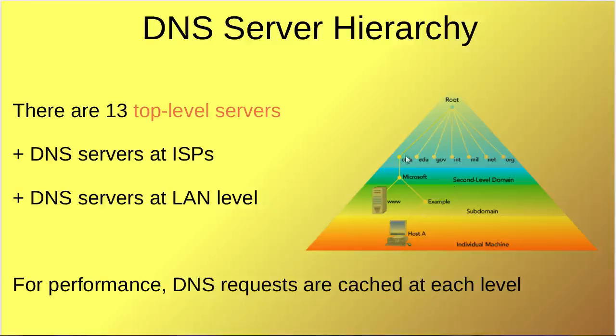You might have to end up going all the way to the top, and then you descend down these levels. Everything is organized. The whole reason for this is it's not feasible to save all the different domain names in the world in one location. Plus they change all the time, and you can change it. If you have a web server, for example, you can change the IP address for your web server.